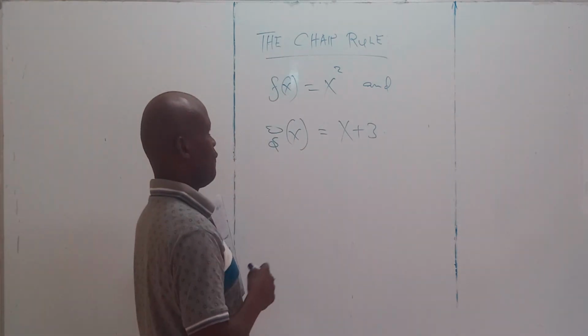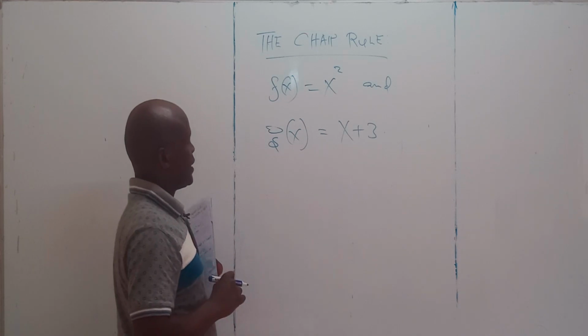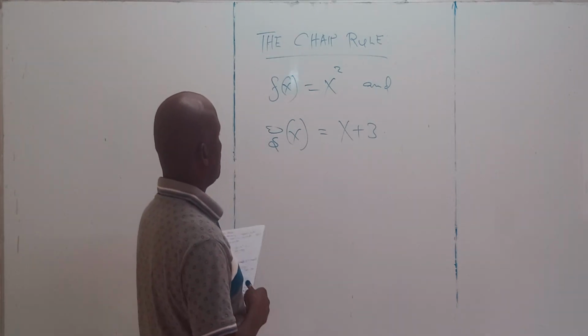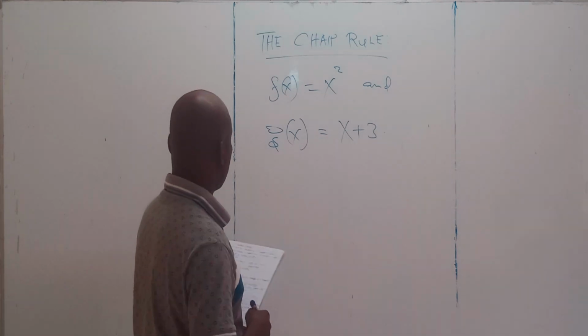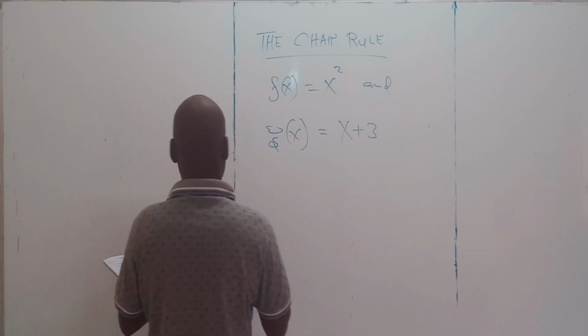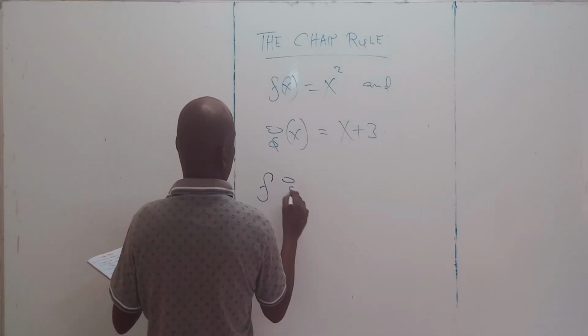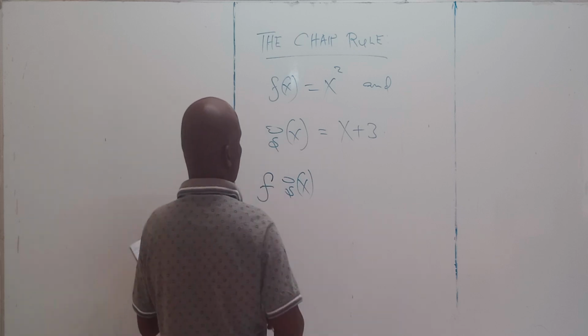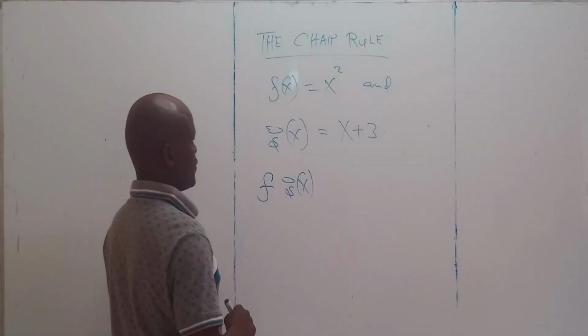So these are two different functions, but it is then possible to form a composite function out of this. And so the composite function that we would be interested in is, say, f of g of x.